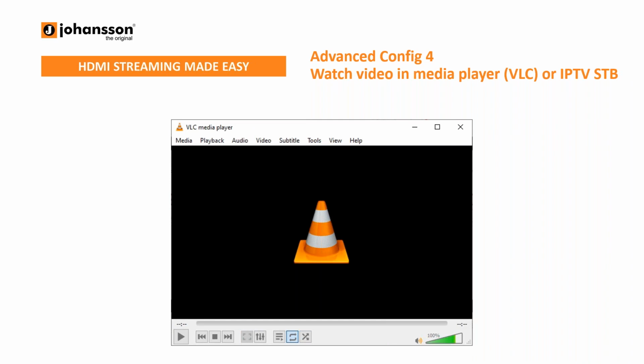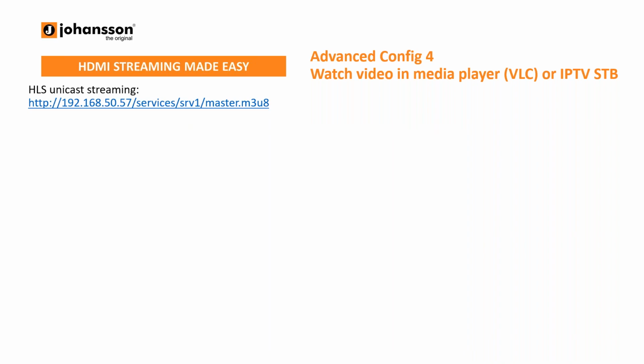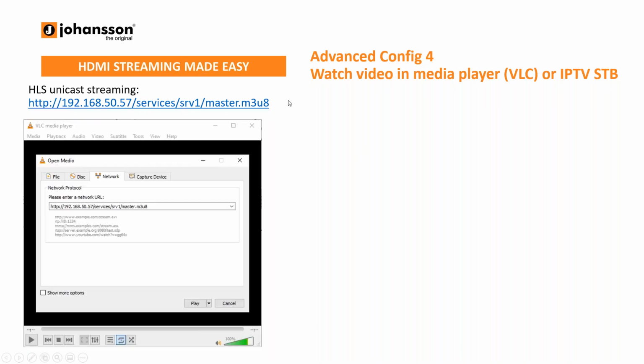For the next configuration, if you don't want to watch the content in a web browser, but want to watch it on VLC or any other software player or set-top box, physical player, you can also do that. I will demonstrate VLC. There are two possibilities. You can use unicast streaming. In that case, you have to use this URL string, which is the IP address of the HDMI streamer with the rest put behind it.